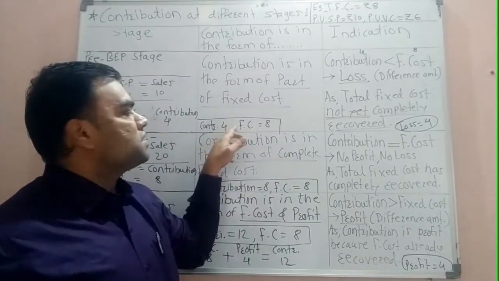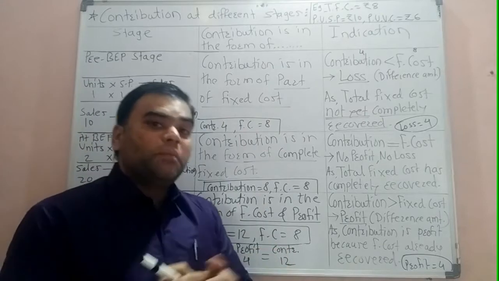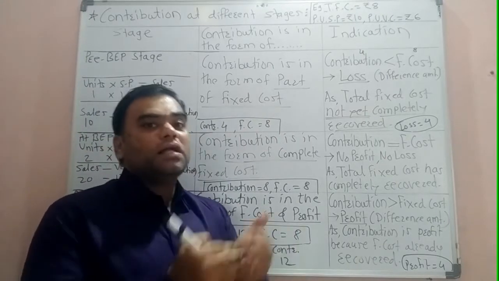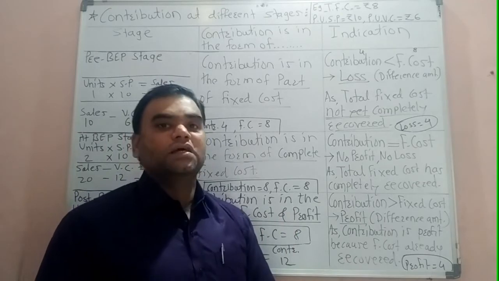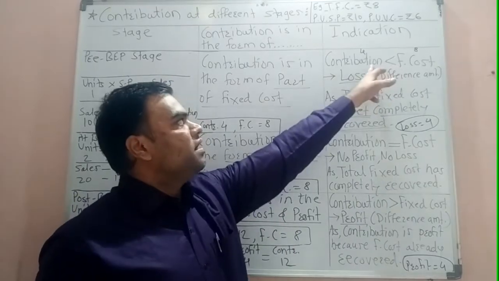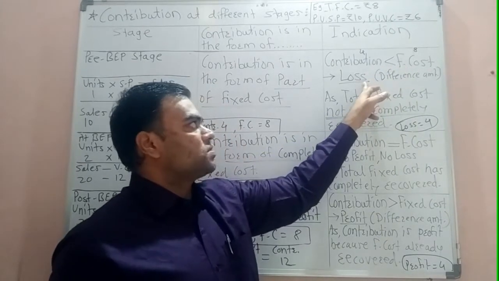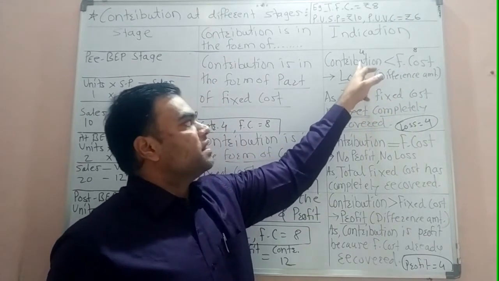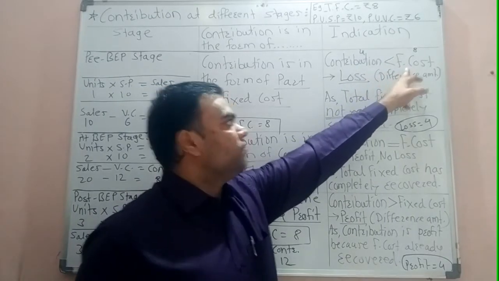So contribution is not enough to recover our fixed cost, so fixed cost is not completely recovered. The unrecovered fixed cost of ₹4 is a loss, because our contribution is not enough to recover our total fixed cost.